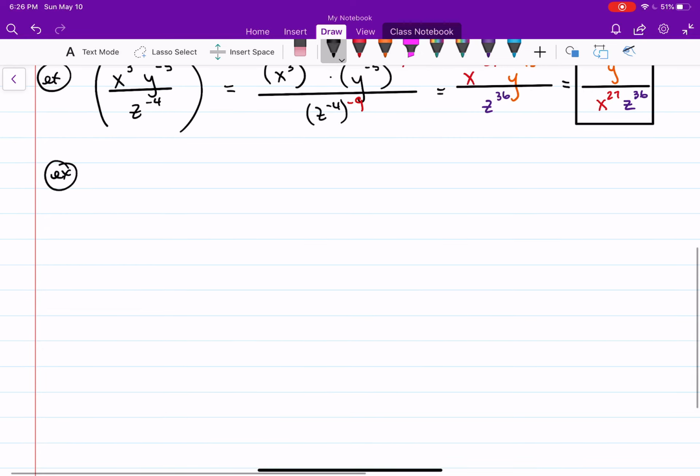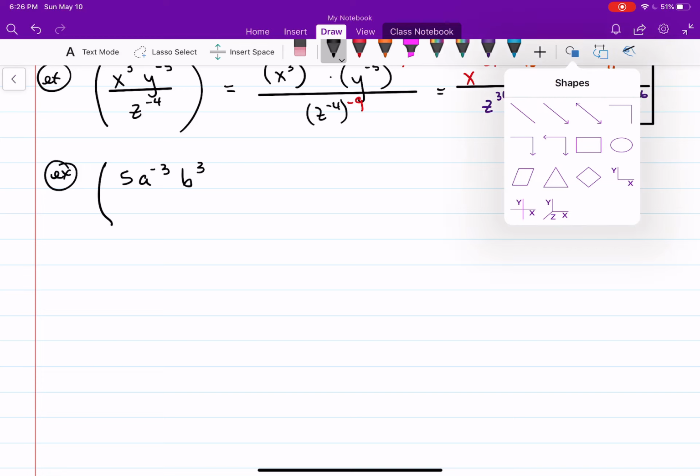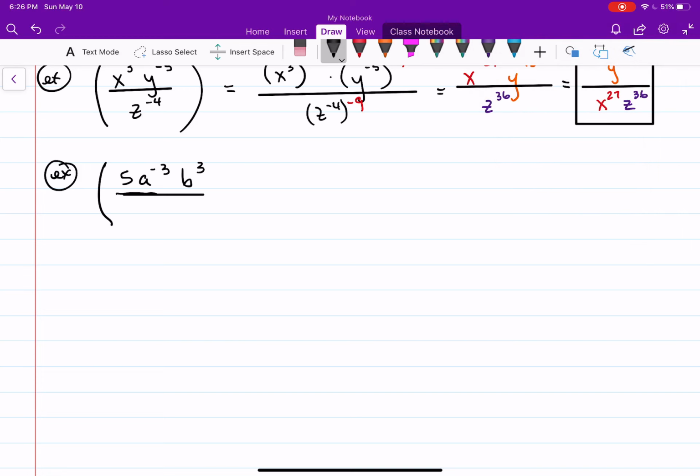All right, so we have another fraction here, 5a to the negative third, b to the third, all over 10, a to the third, b to the sixth.